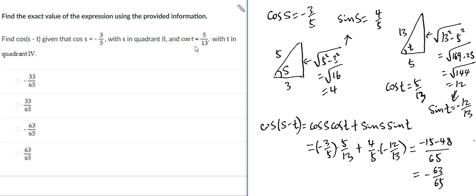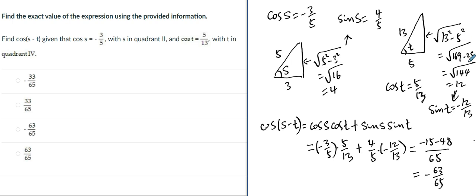Similarly, for cosine t, which is 5 over 13, we should be able to find out sine t right away in a similar pattern. Cosine is 5 over 13, so then the opposite side is the square root of 13 squared minus 5 squared. 13 squared is 169. 5 squared is 25.